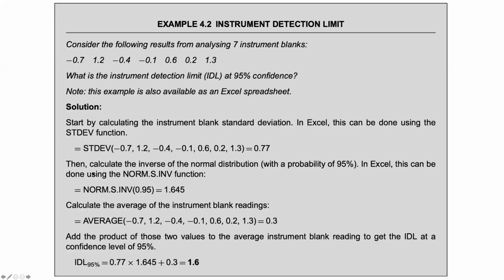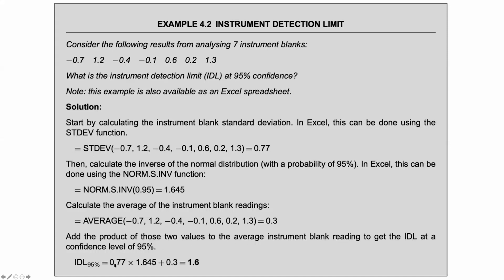Then we use the normal distribution with a probability of 95%. In Excel, the function is norm.s.inv, and that gives a value of 1.645. Next, we calculate the average of those instrument blank readings. So using the function average, we get a value of 0.3. And finally, we use the formula for confidence interval to get the upper 95% limit.